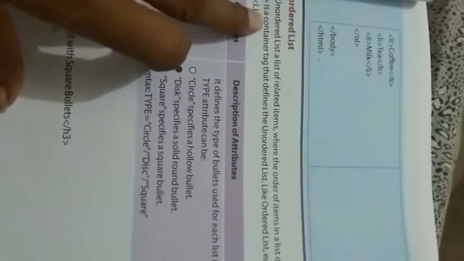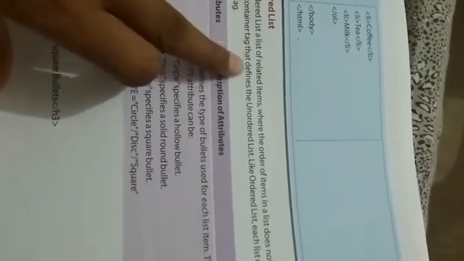Now, the unordered list. Similarly, the unordered list will also be written in your HTML document, where the order of the items in a list does not matter. UL is a container tag that defines the unordered list.